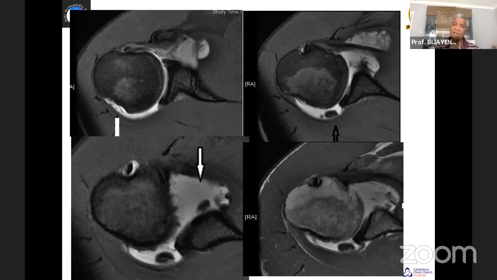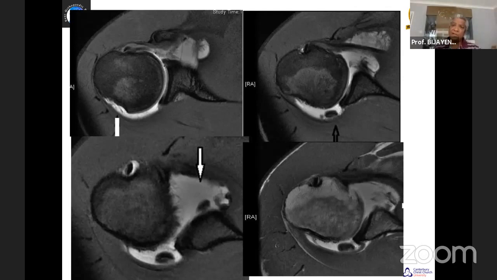If there is a recurrent instability after initial stabilization, then it may be a slightly softer indication to do a bony repair. But again, from the fellowship point of view, I think if you're going into that territory, that means you've gone beyond pass, and that's more discussion of whether to give you an 8 or something like that.